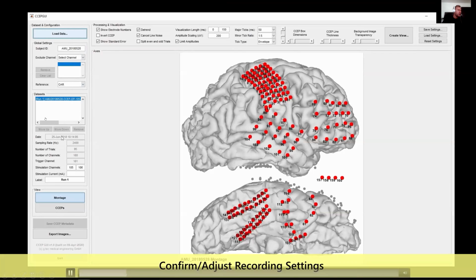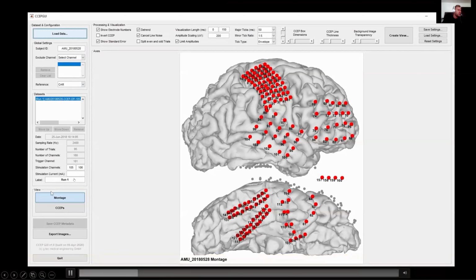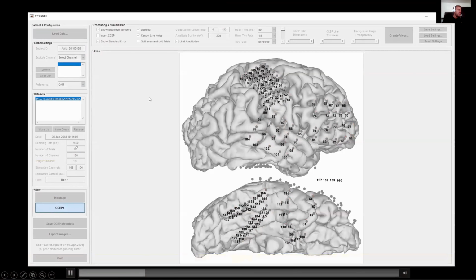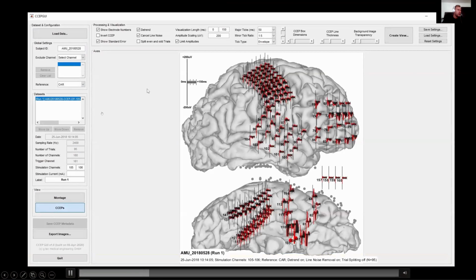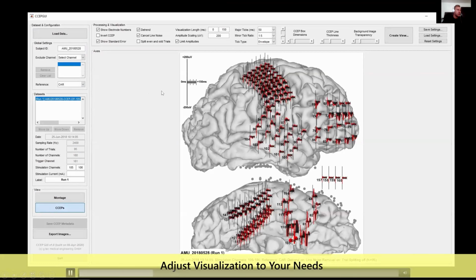And here we can now screen through all the stimulation pairs that we have set, for example with the switching unit, to go through different cortical regions, and then for each stimulation pair, see the evoked responses on the distant locations.